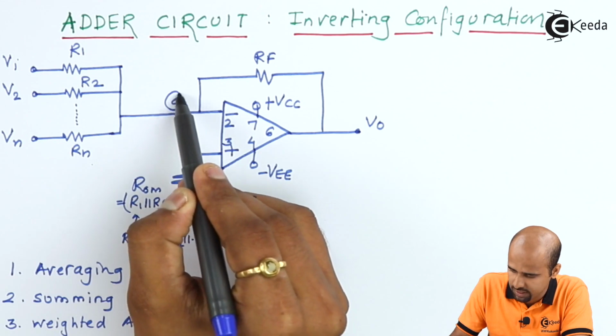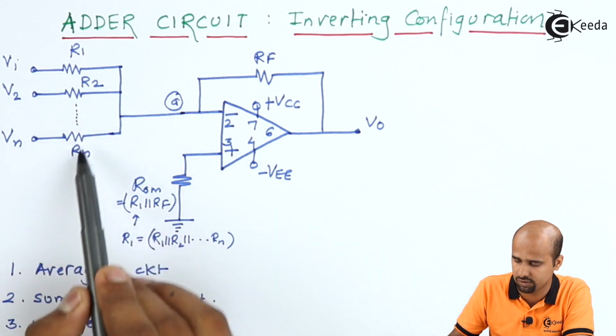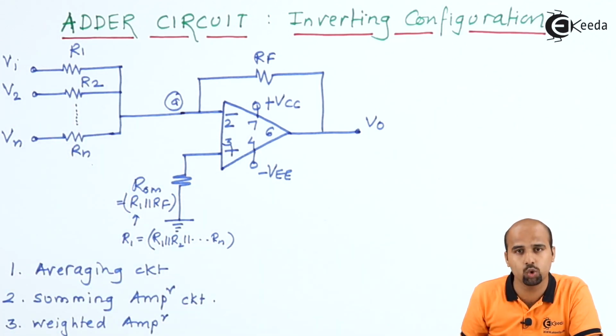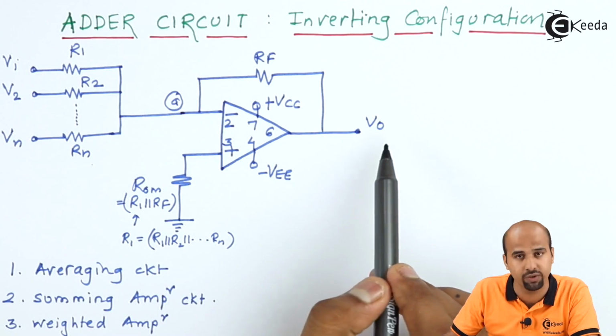We will name this node A. If we apply KCL at node A, we will get the relation between V1, V2, Vn and VO.